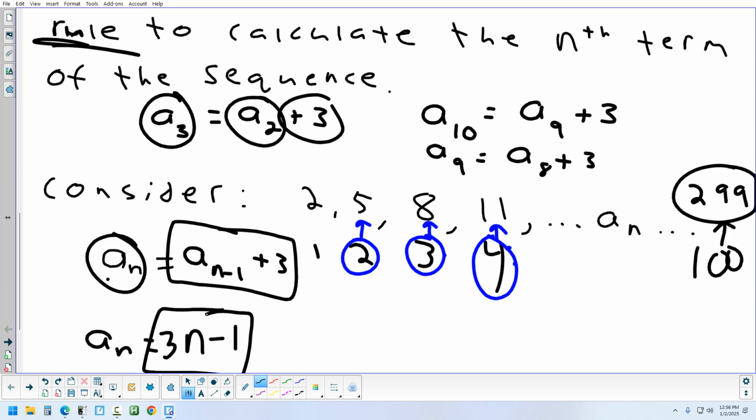Doing it the bottom way, I can find it right away just by plugging in the position I want to know. Doing it the top way, I'd have to find the 99th term and then add 3. But I don't know that, so I need the 98th term, and the 97th, all the way back to the beginning. Okay. So there's a name for each of these, but that one is better. And the downside is that formula is usually a little harder to come up with.